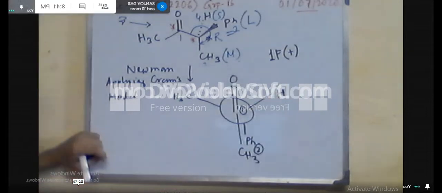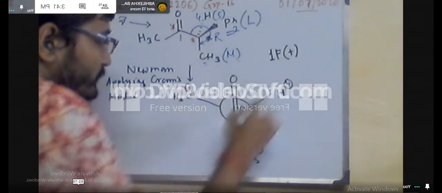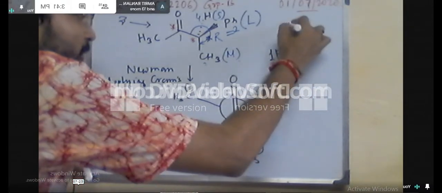In this case, this is the larger group, small and medium. The reducing agent used here is, say, lithium aluminum hydride or sodium borohydride.